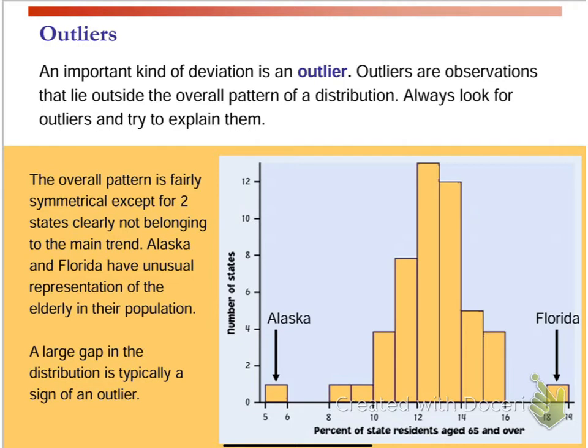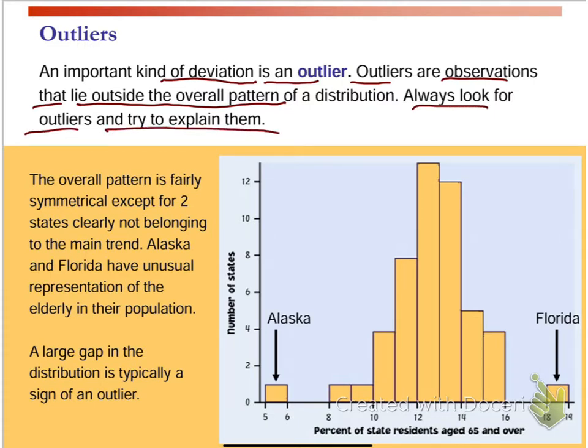Outliers means they are not normal, they are not along with others, they are far away. An outlier is an important kind of deviation. Outliers are observations that lie outside the overall pattern of the distribution. Always look for outliers and try to explain them.